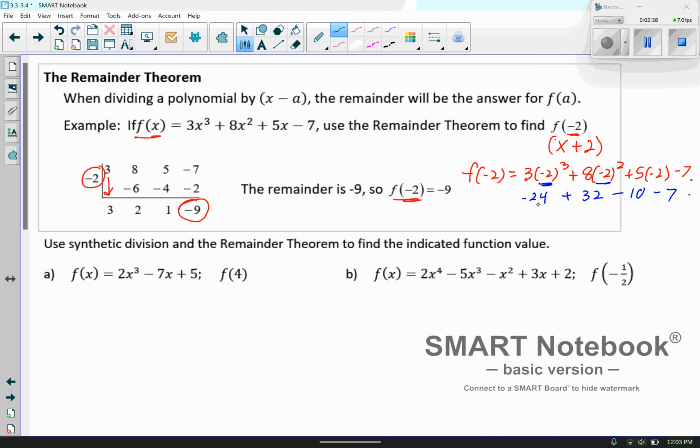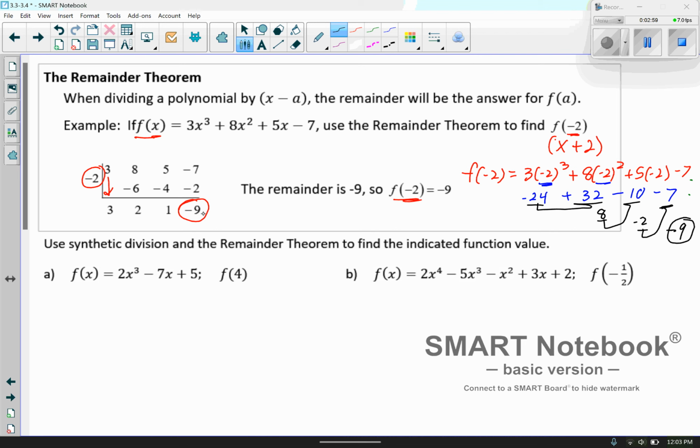Then we'll add these together. Negative 24 plus 32 is positive 8. 8 plus negative 10 is negative 2. And negative 2 and that minus 7 combine to give us negative 9, which was the same value as our remainder.